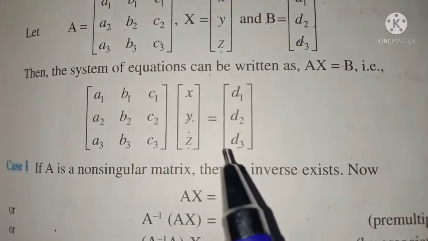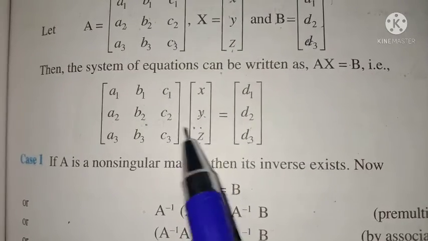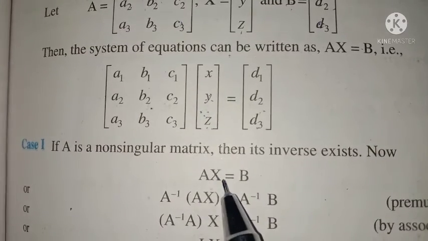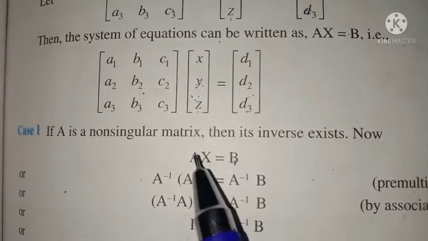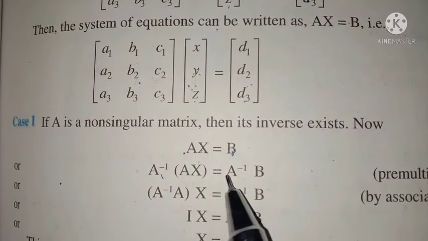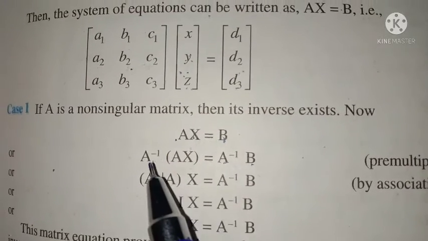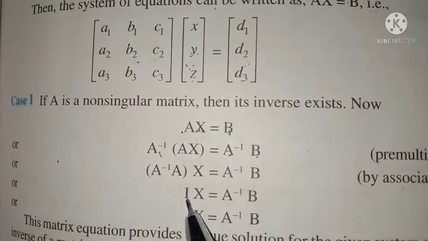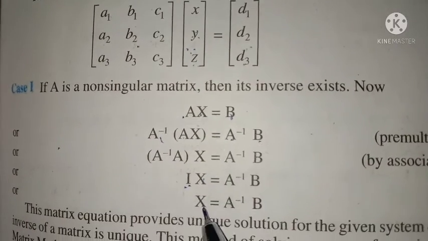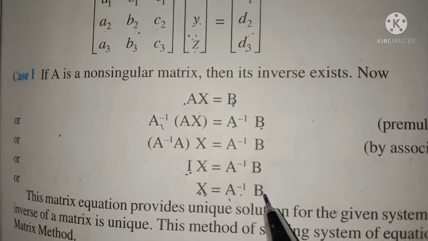Now this is A, this is X and this is B. So the given expression is AX equal to B. Now multiplying by A inverse we get A inverse into AX equal to A inverse into B. By associative law, A inverse A is the identity matrix, and identity matrix into X gives A inverse B. So X equal to A inverse B.